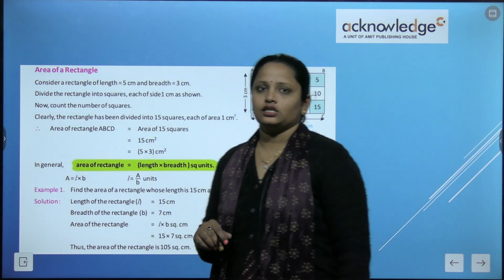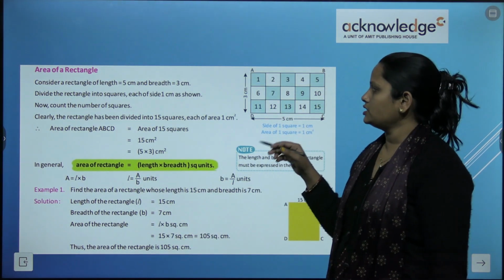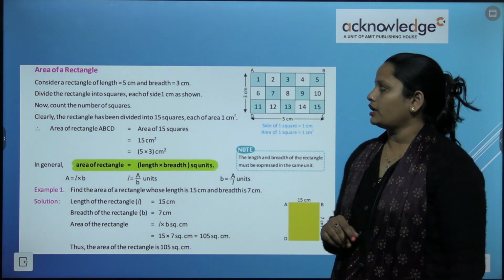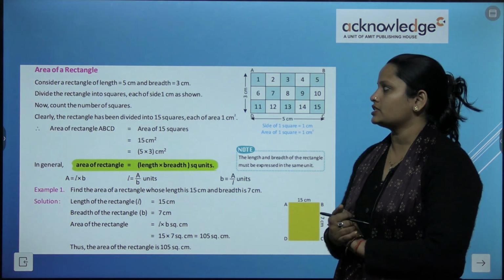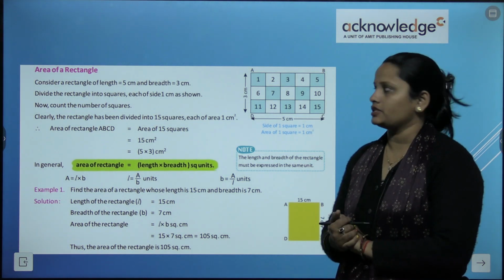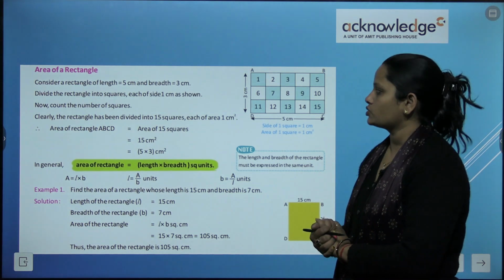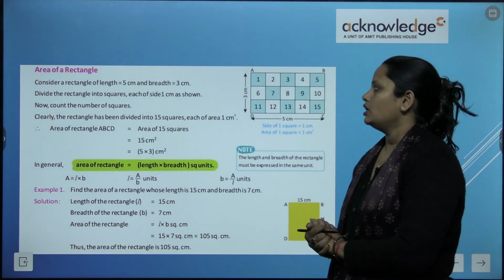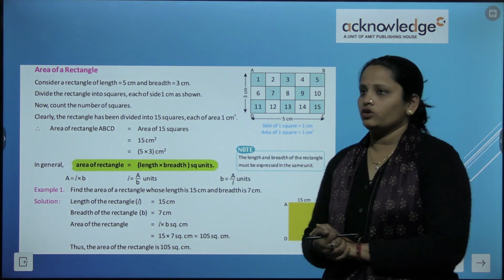Now let's learn about the area of a rectangle. Here we can see that a rectangle is given in which 5 centimeter is the length and 3 centimeter is the breadth. So here the rectangle is divided into squares, each of side 1 centimeter. Now count the number of squares.